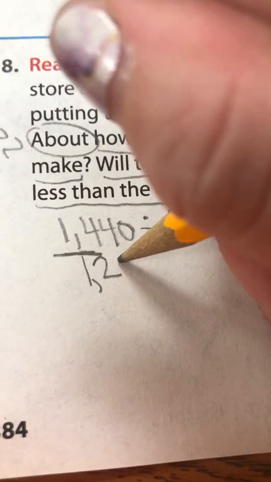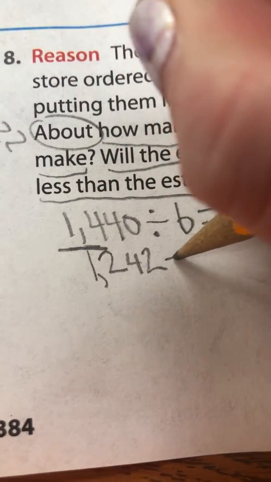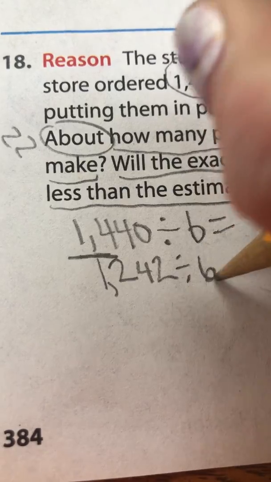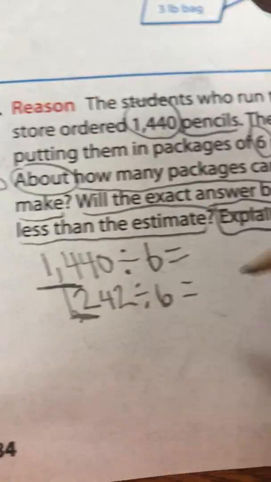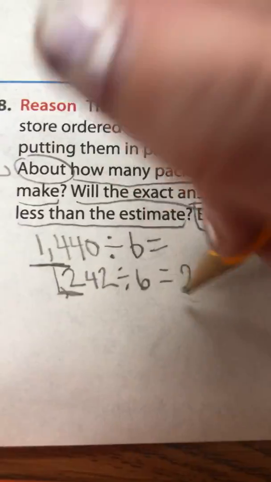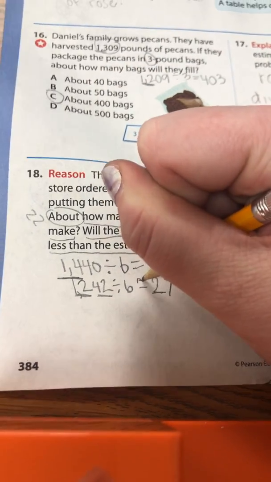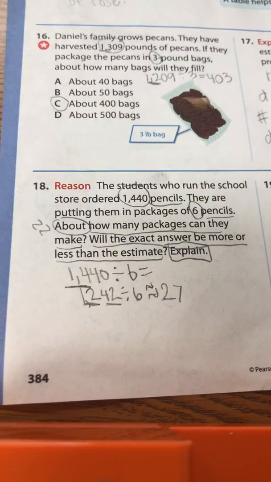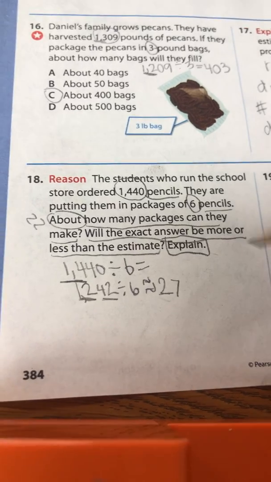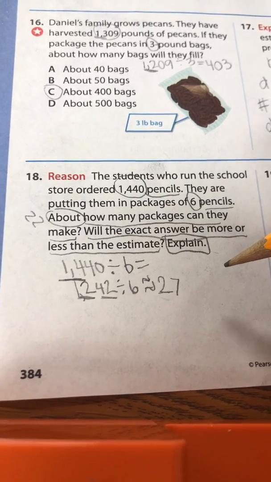So I'm going to change this to 1,242 divided by 6. 12 divided by 6 is 2. 42 divided by 6 is 7. Okay, so they'll have about 27 packages.